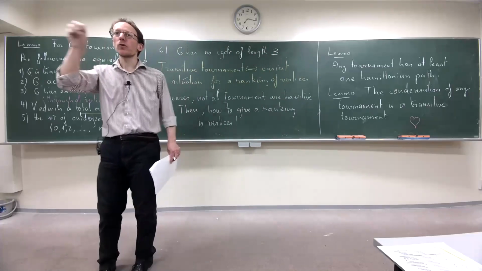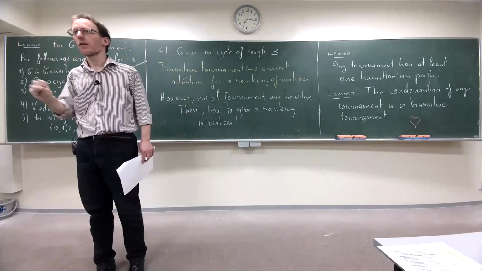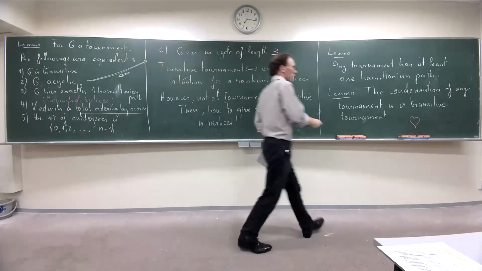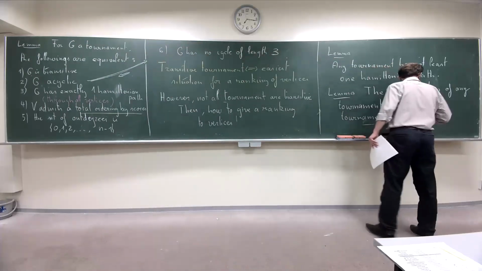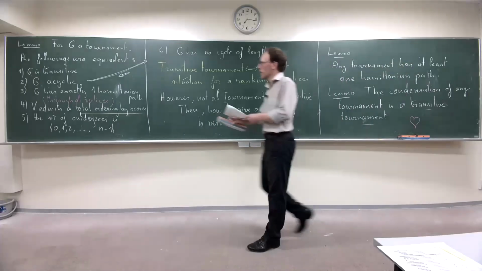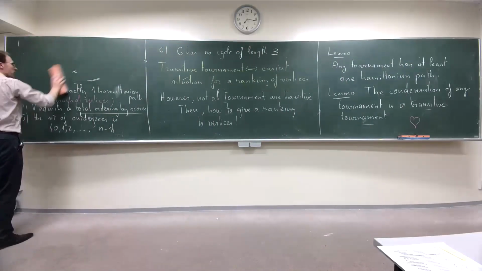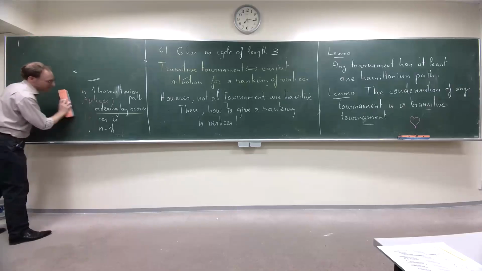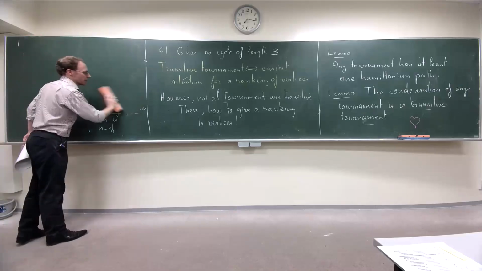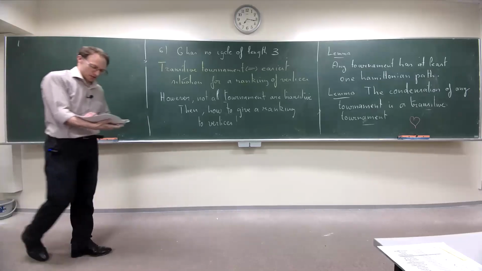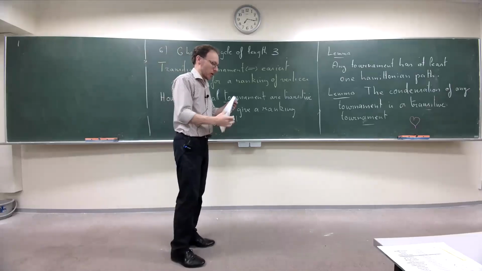So you just put together the strongly connected components, and once they are together, you get a transitive tournament. I don't know if the proof is difficult or not. I didn't check, but at least it gives you one way to give a ranking with some vertices having the same number. Inside a strongly connected component, you give the same number.